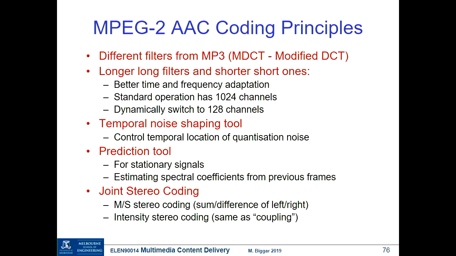Where there was quantization noise, it was managing where that appeared not just in frequency but also in time. So if there was going to be masking of quantization noise in time because of temporal masking, it was taking advantage of that. There was also a predictive tool: where there were stationary signals, they could be detected, and there was a predictive component to the encoding.